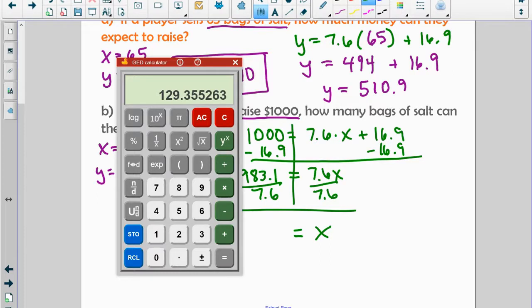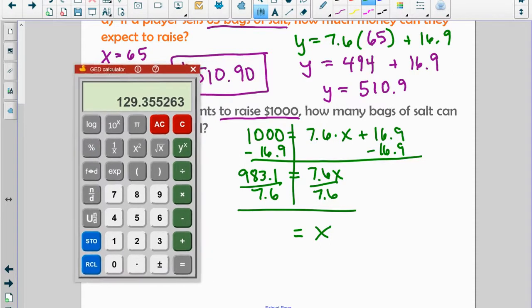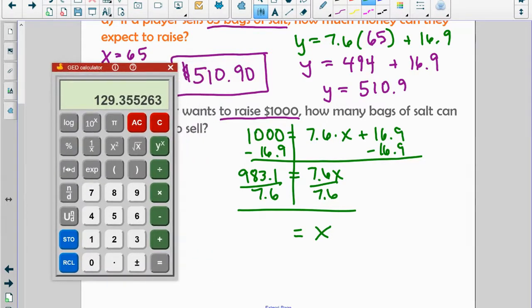129.355263. Okay. I am going to round that a little bit because with this real life meaning or application, I know it's not going to include all those digits. So let's think about this. How many bags of salt will they need to sell? We're not going to say 129.355263 bags of salt. We need to round appropriately.